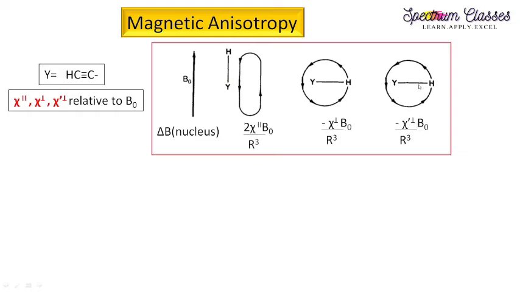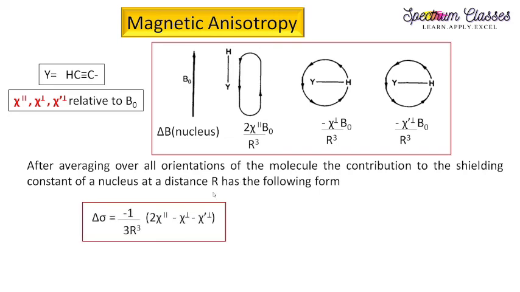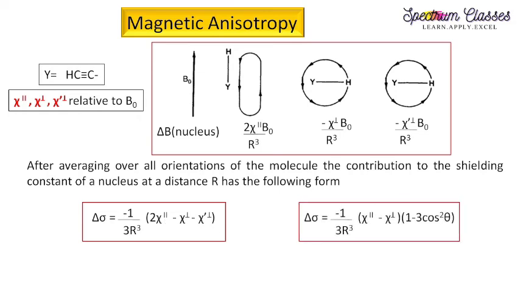These are the three orientations the molecule can have in a B naught field. Since this is in solution, on averaging over all orientations, the contribution to the shielding constant of the nucleus at a distance r has the following form: sigma equals minus 1 upon 3 r cube times (2 chi parallel minus chi perpendicular minus chi prime perpendicular). I hope you understand these three terms; this is the magnetic susceptibility.